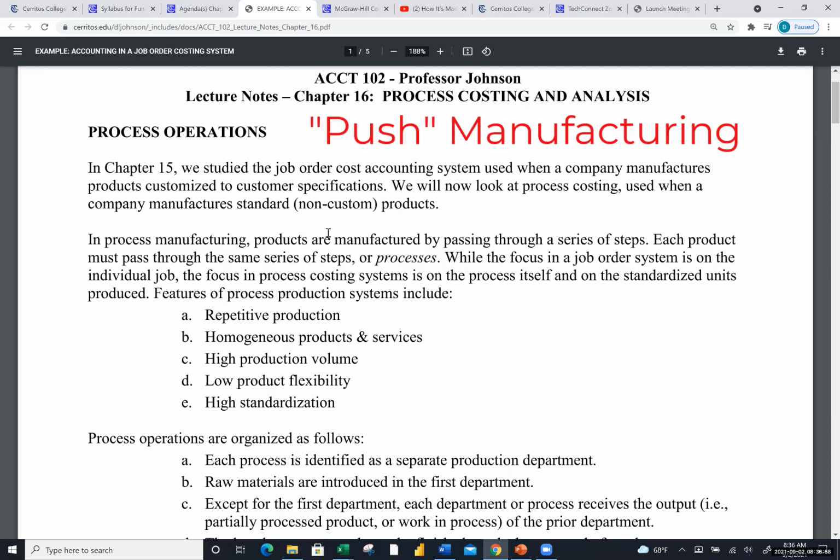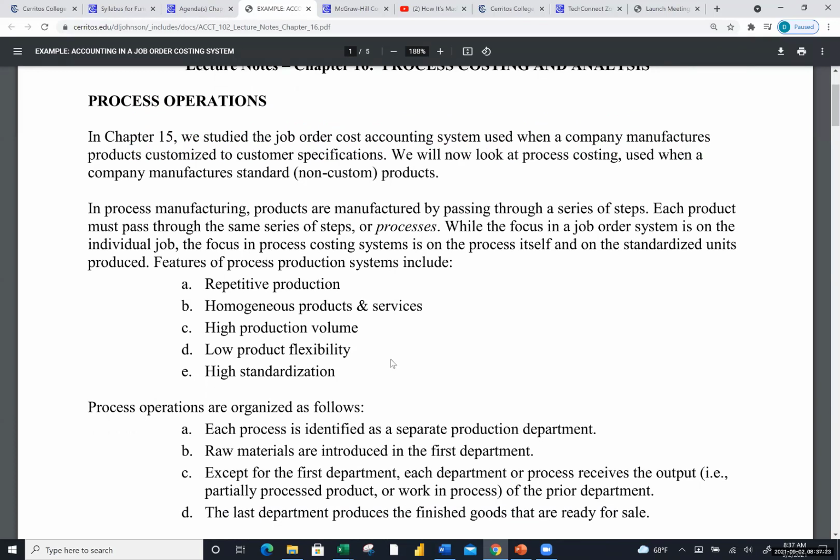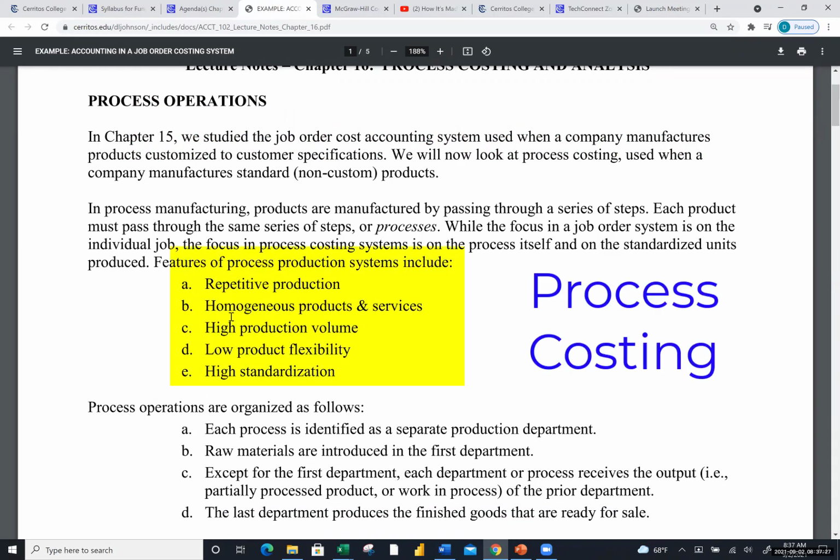It means you're just pushing the stuff through the production line, trying to crank out as much as you need to make sales forecasts. That's much different from job order. Job order was customized. All the output looked different. It was pull manufacturing. It was pulled through the systems by the job orders or the customized series of steps that we were following. So here are some characteristics of process costing.